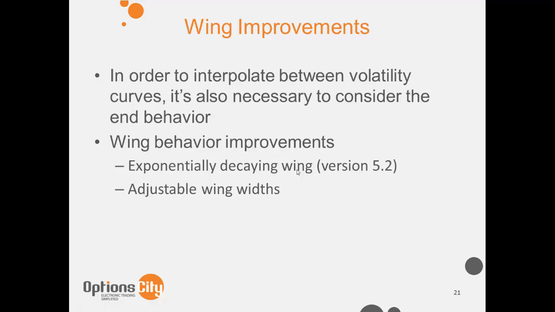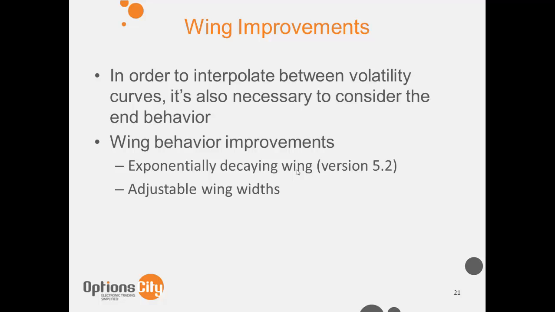Now, along with these enhancements that we've talked about, we've also had to take into consideration what we're going to be doing outside of those points. So we might have a point defined at 98 and a point defined at 99.75, and we're going to perhaps in the future interpolate between different times to expiration. But we also have to consider things like how things occur beyond the wings.